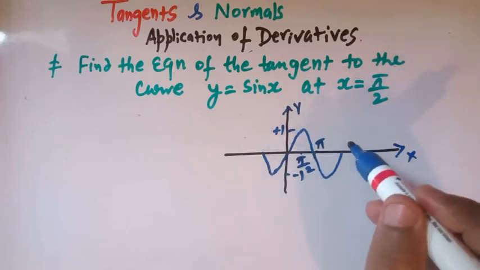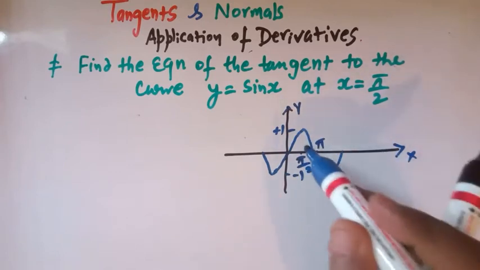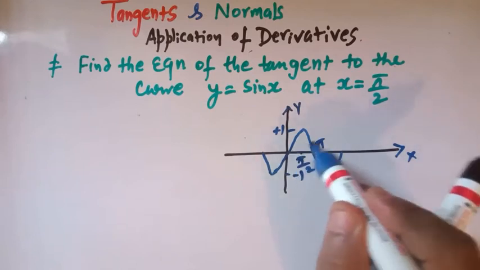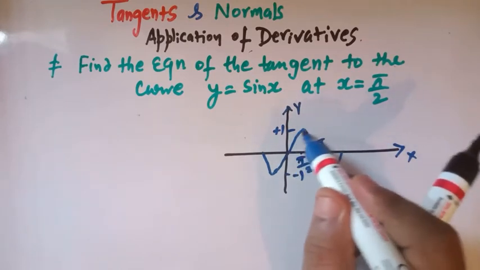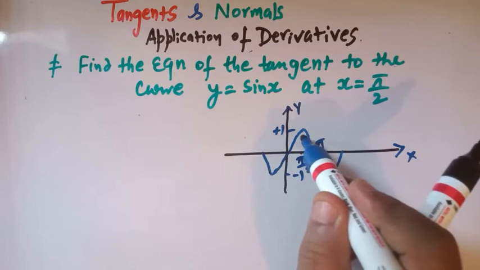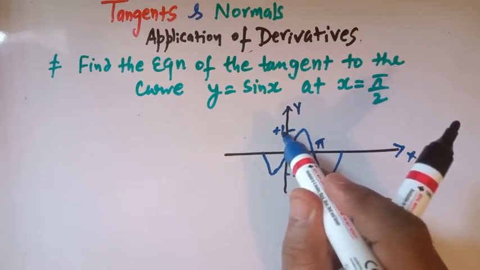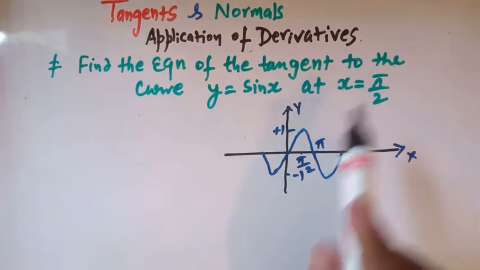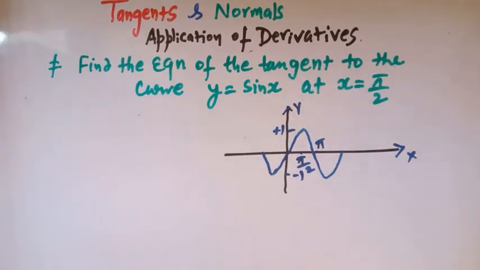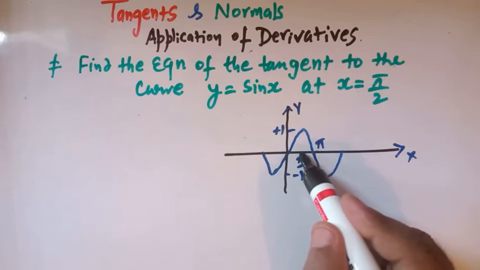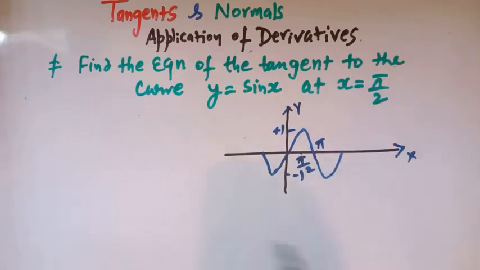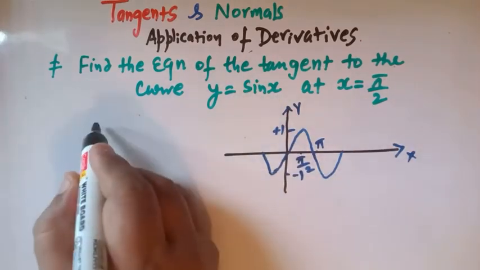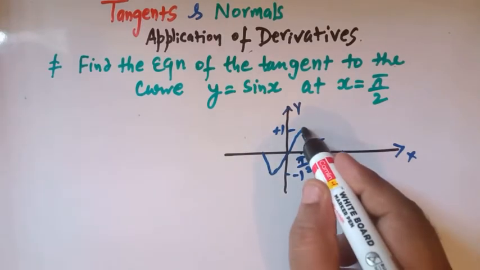This is the graph of sin x, and the range of the sin x function is plus 1 to minus 1. Okay, so here we have to find the equation of tangent to the curve y is equal to sin x at x equal to pi by 2. Now what we will do, we will differentiate the equation of the curve.